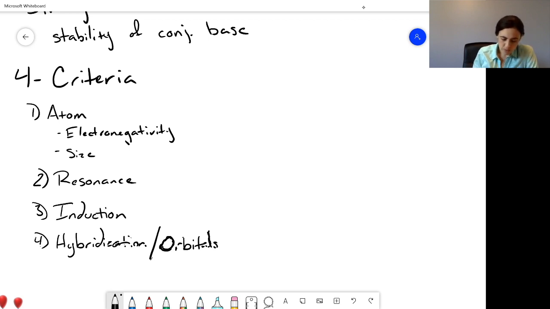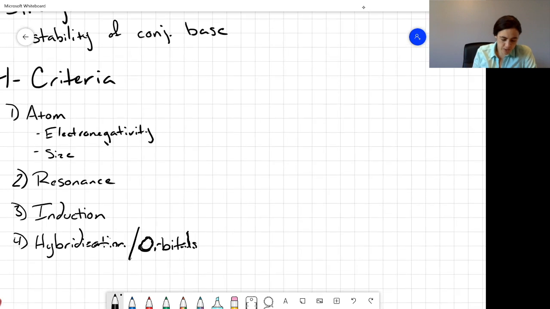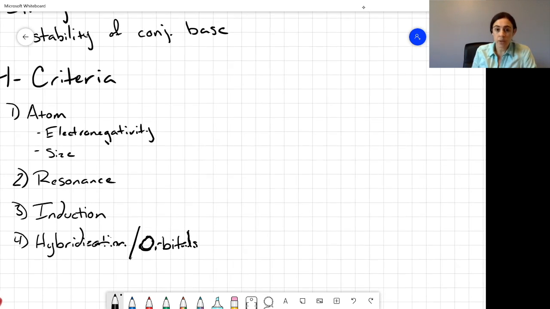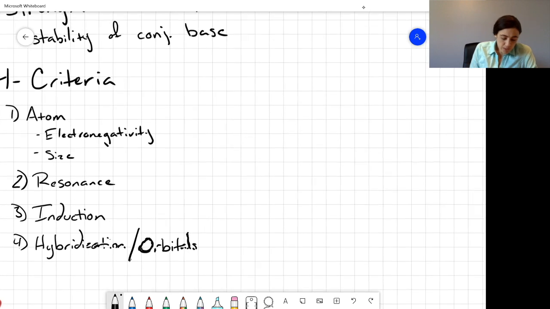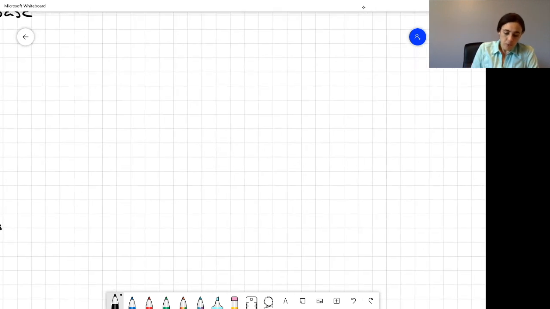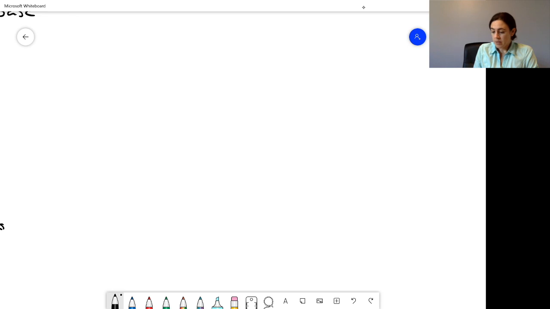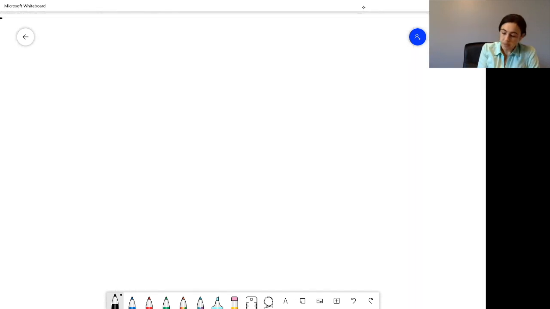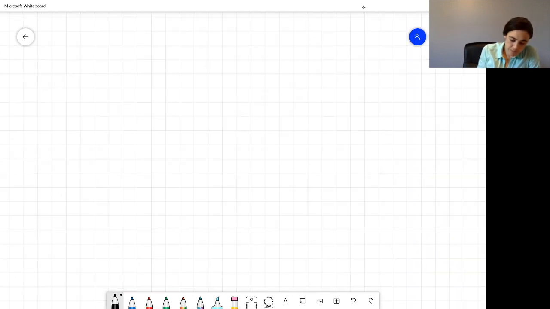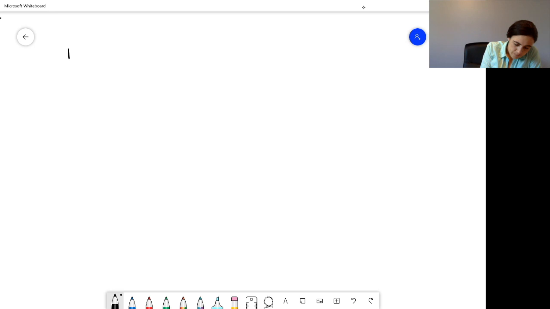Okay, so we're going to go through each of these 4 criteria and look at what role they play in allowing us to assess the acidity in a quantitative manner. So let's start with number 1, the atom involved.